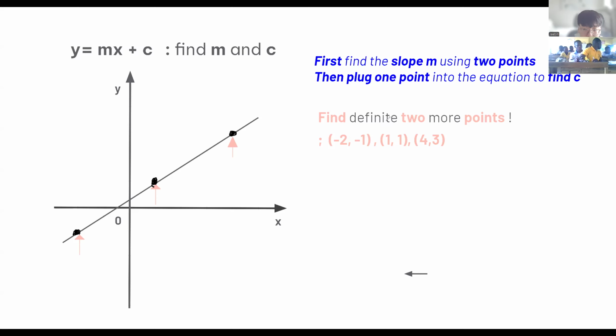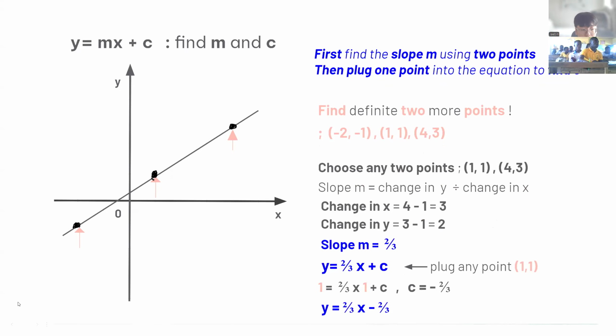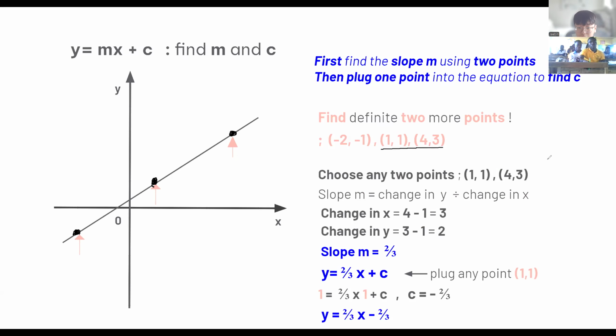Yeah, this will actually result in a fraction, right? So let's go through and choose any 2 points. So I chose these 2 points, 1 comma 1 and 4 comma 3. What is the change of x? Well, it is 4 minus 1, which is 3.